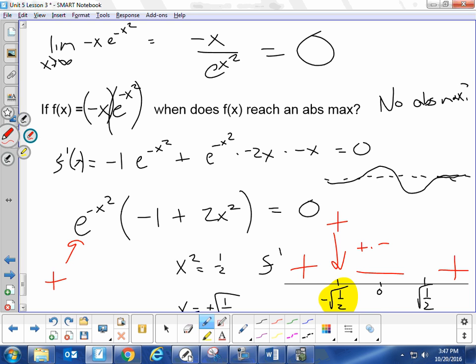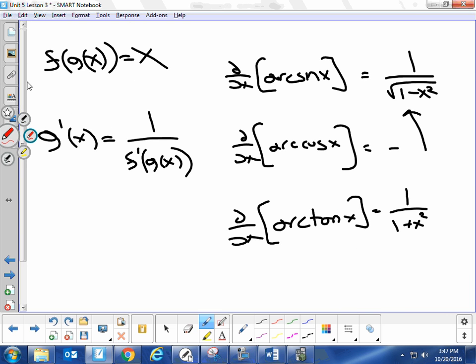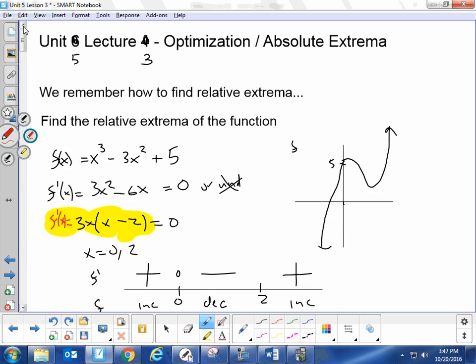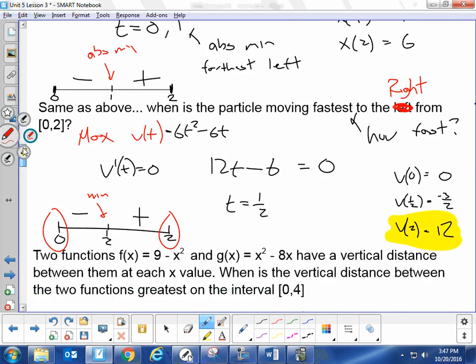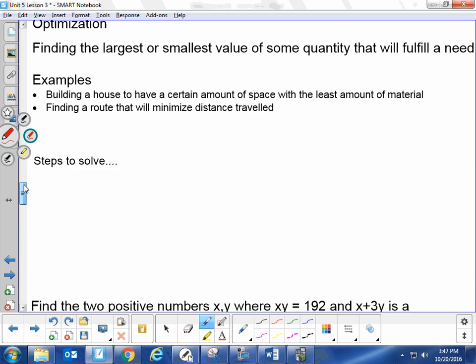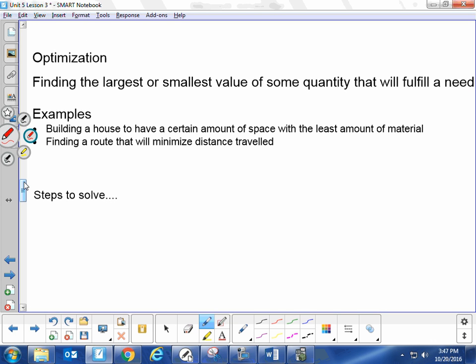There are other types of optimization problems, like building a house that has a certain amount of space with the least amount of material, or finding a route that's minimizing the distance to travel. The key is you're going to just have two equations.